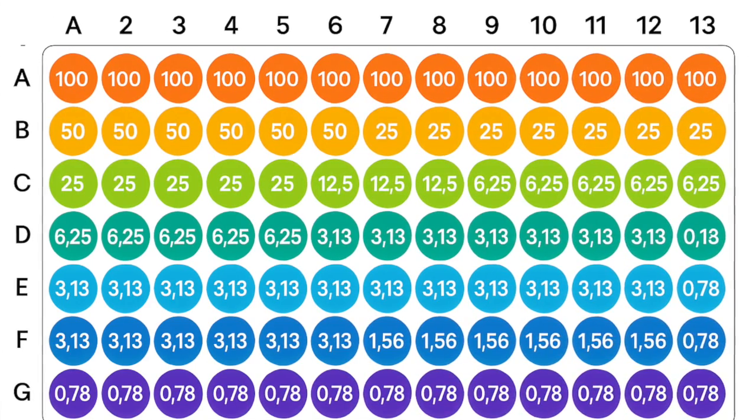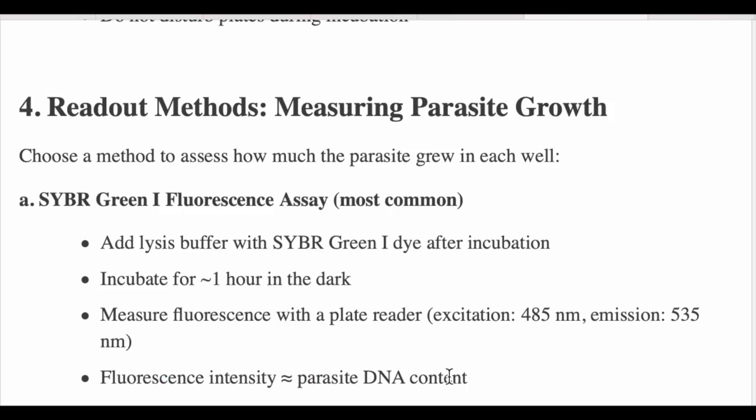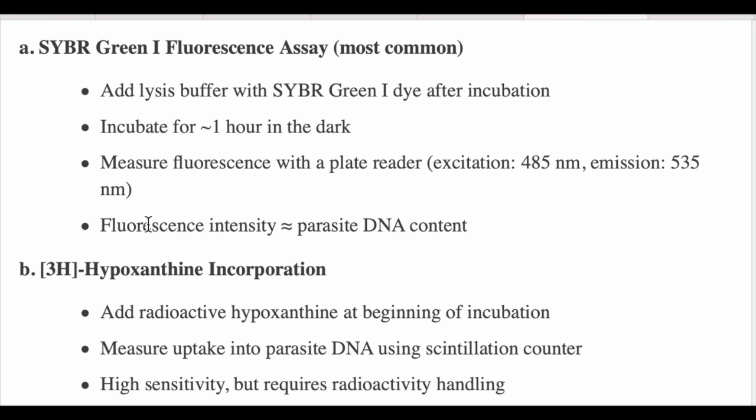Another way that people may read out the parasite growth is to use an isotope of hypoxanthine, where you provide this hypoxanthine isotope, and you observe its incorporation into the parasite, because the parasite actually uses hypoxanthine. So here you add radioactive hypoxanthine at the beginning of the incubation.